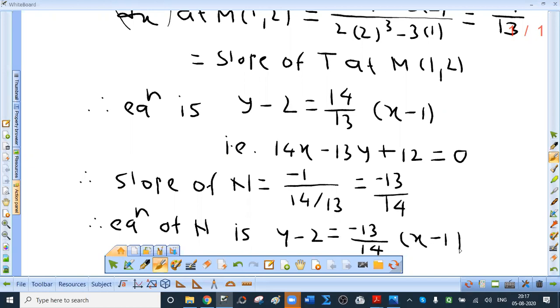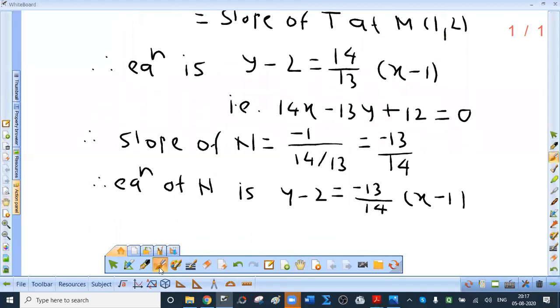Simplify and tell me the answer. So this gives me 13x plus 14y, and which is the constant, 28 plus 13. So negative sign, 41. Check the answer. So this is normal.